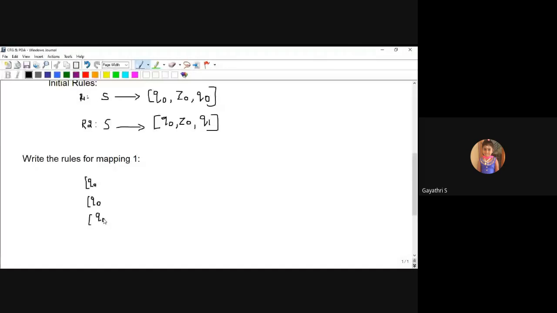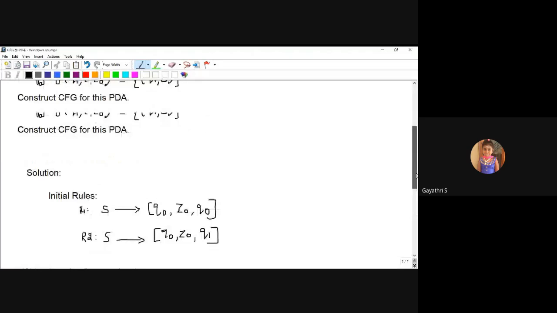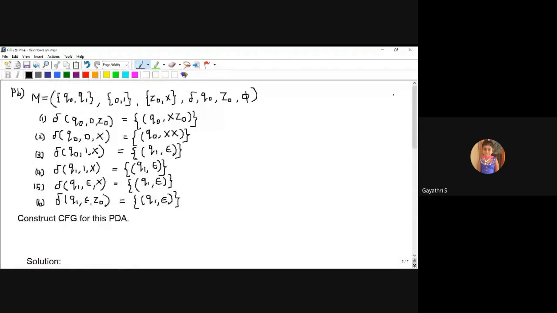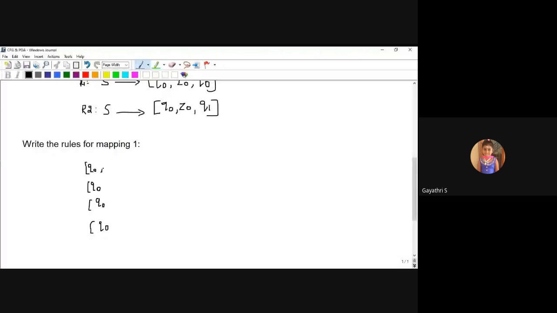Q naught. Then the third element on the left side. What's the third element? Z naught, which comes here as the second element. Then z naught. Then the third element: the number of states is equal to 2, q naught and q1.